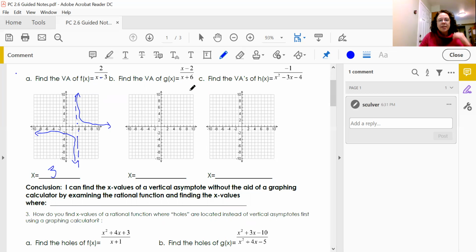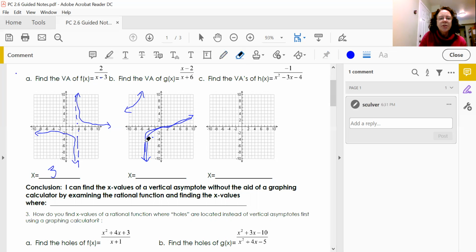B, find the vertical asymptote of x minus 2 over x plus 6. When you graph it on the calculator, it looks something like this. That was supposed to be a smooth curve. I can do better. That's okay. You have your calculator with you, and there's another branch up here. Sorry, that was so bad. Let me try erasing.